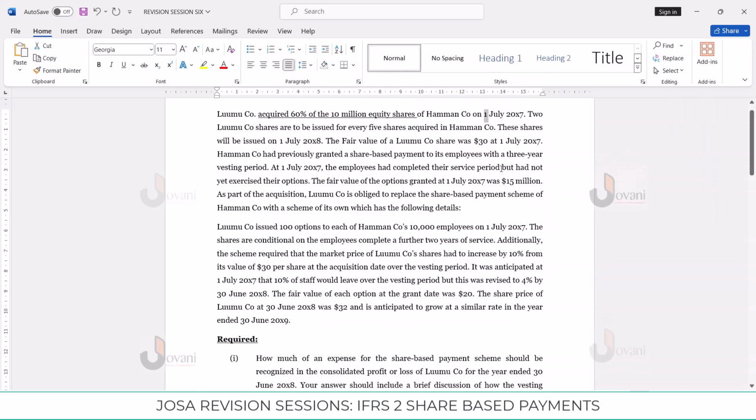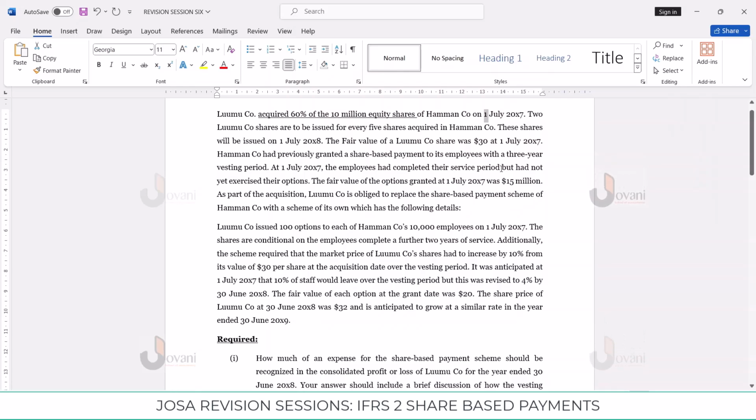The fair value of L's share was 30 at 1st July 2x7. This is all for group accounts. They are telling you the fair value of the acquirer's equity instruments.